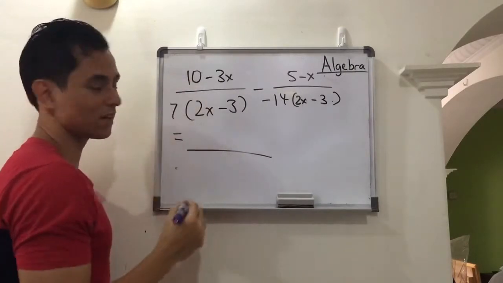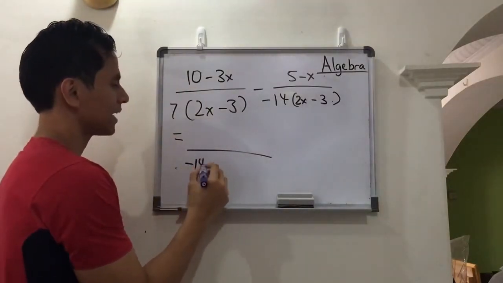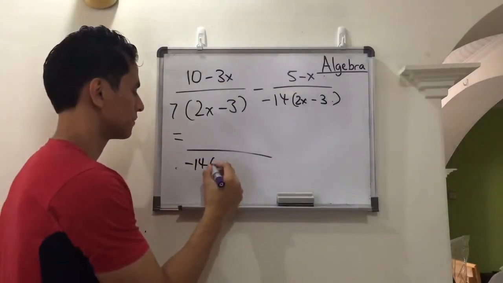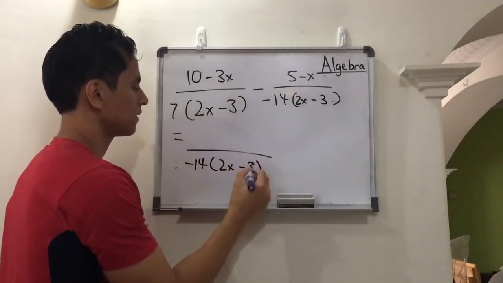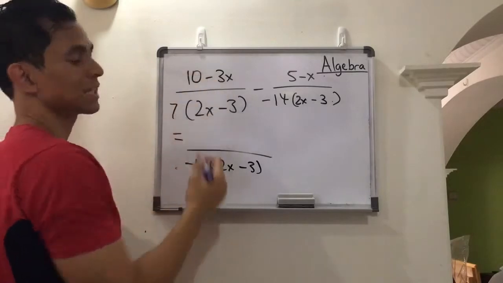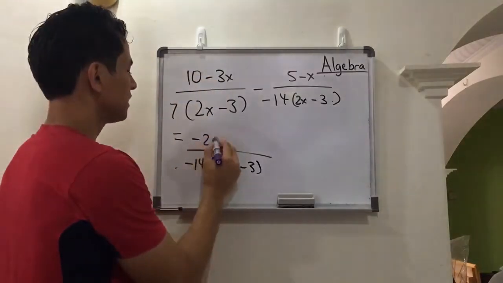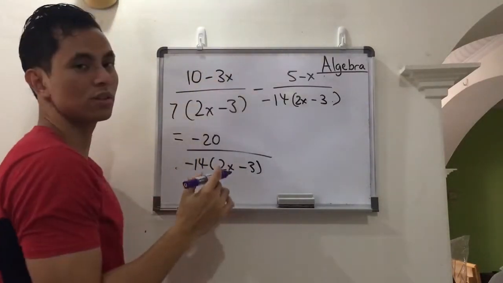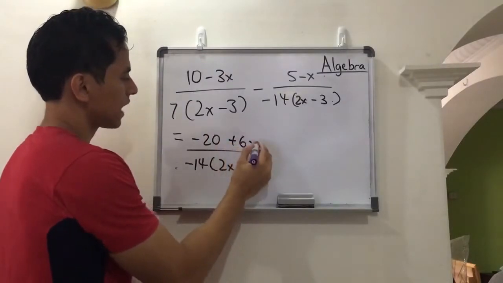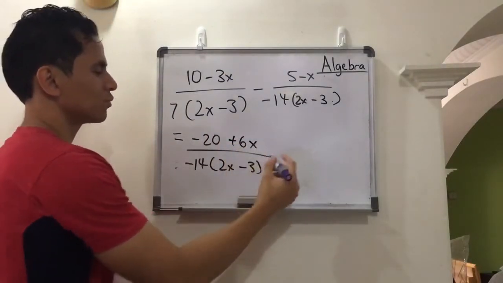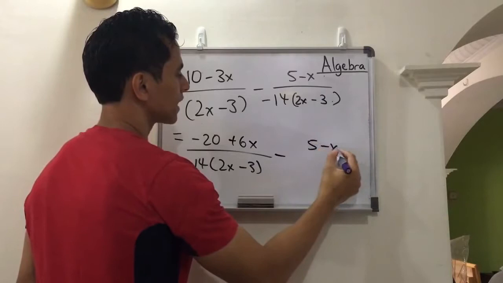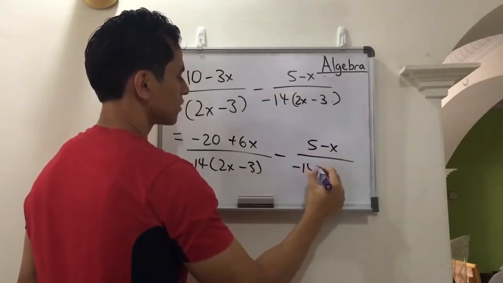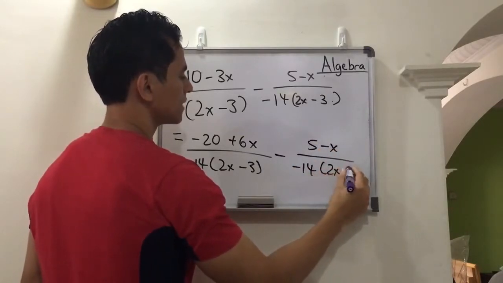So we must be very careful now, as we'll be multiplying by a negative number. I multiply this with a -2, it gives me -20, and this with a -2 gives me +6x. And then we minus 5 minus x here, over 14, 2x minus 3.